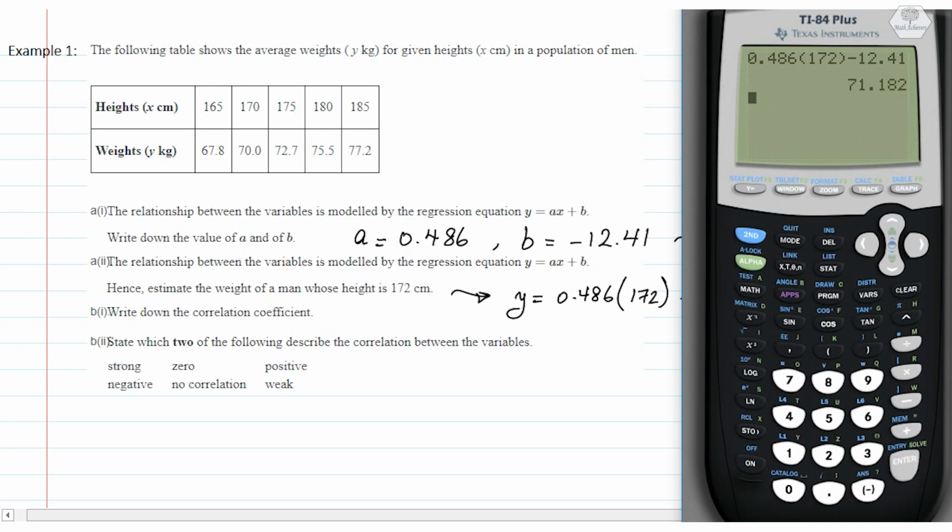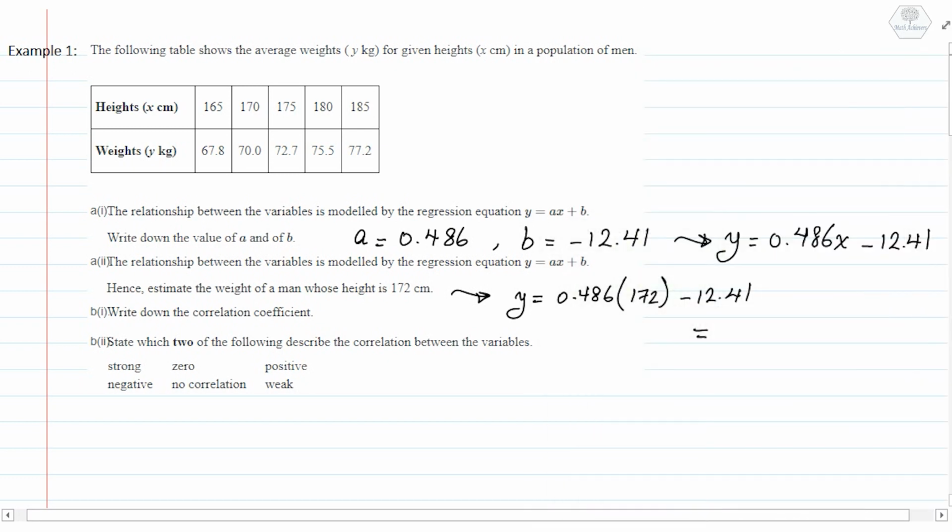So the weight, to three significant figures, is 71.2 kilograms. This is my estimated weight.